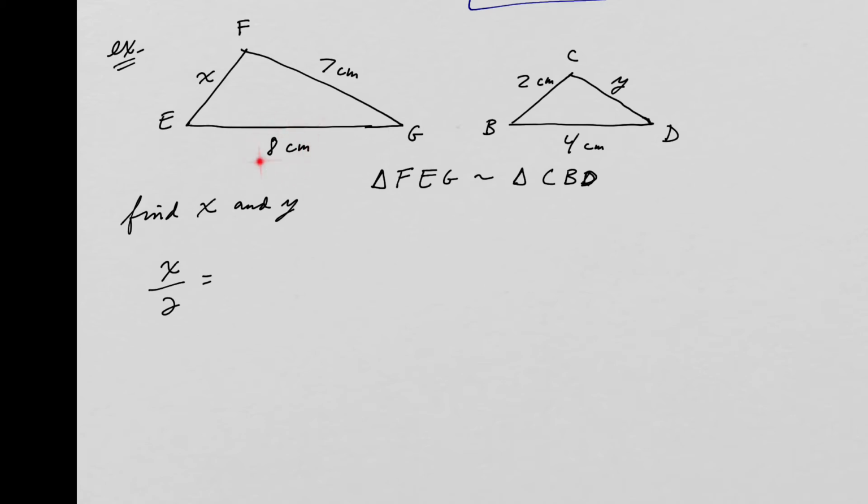The 8 over what? The corresponding side is a 4. So it must be 8 over 4. Then actually, let me set up the equation for the Y now too. So the Y, I start with the Y in this triangle. It's Y over what is its corresponding side? 7. So this will be Y over 7 is equal to, then I have to come back to this triangle, 4 over 8.